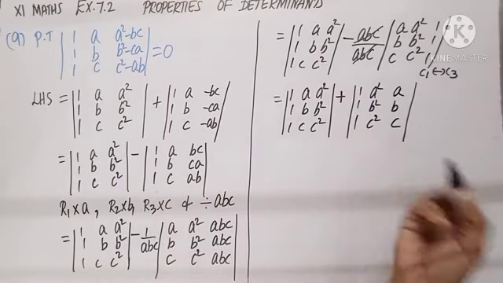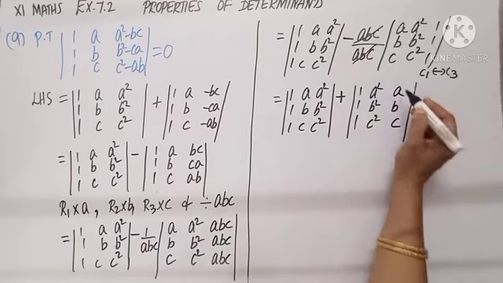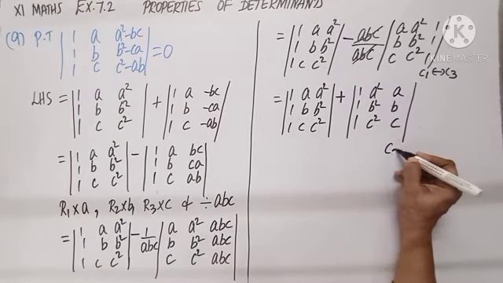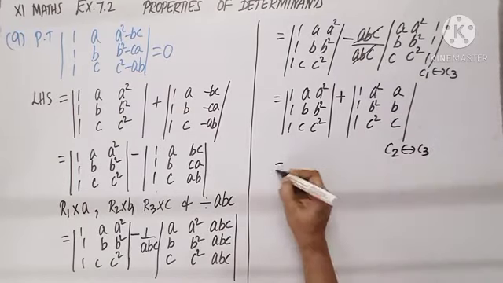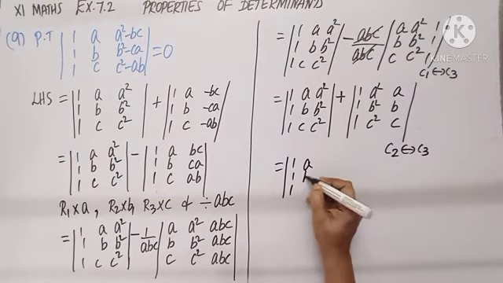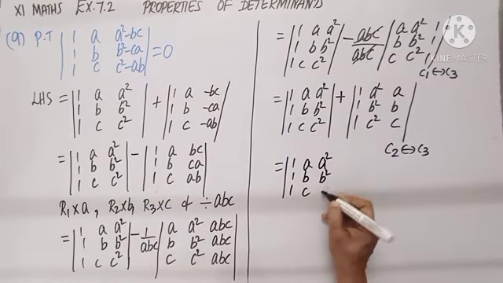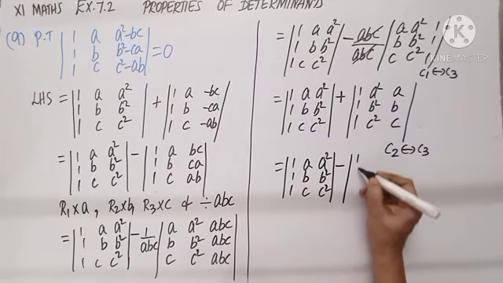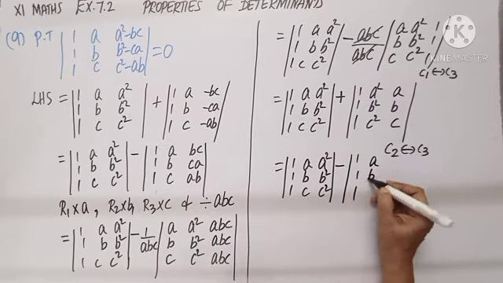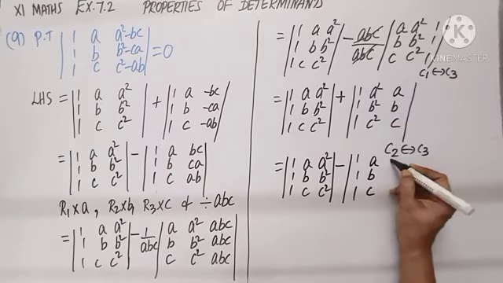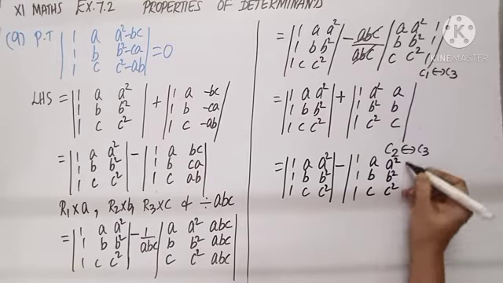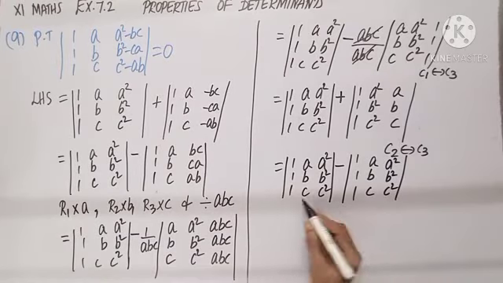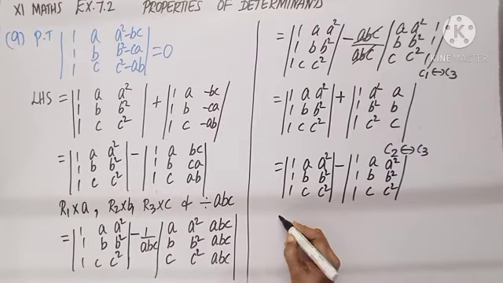Are they one and the same? No. Again, I want abc in the middle. So, interchange column 2 and column 3. Whenever I interchange two columns, the sign changes. Plus becomes minus. First column as it is, second column is abc, third column is a square, b square, c square. They are one and the same, but there is a minus symbol in the middle, so that gives me 0. And 0 is the RHS.